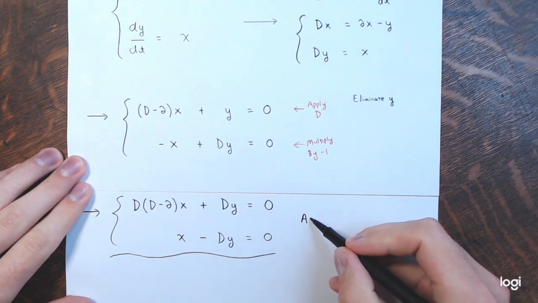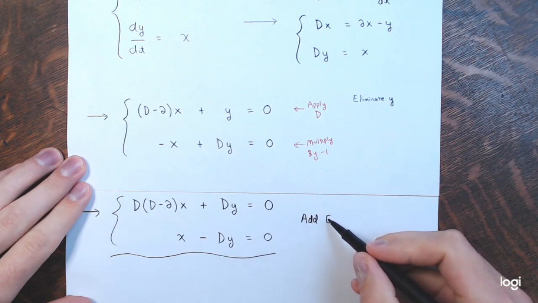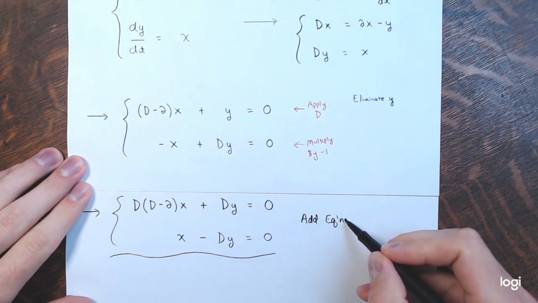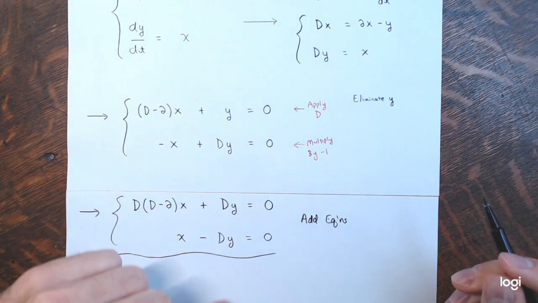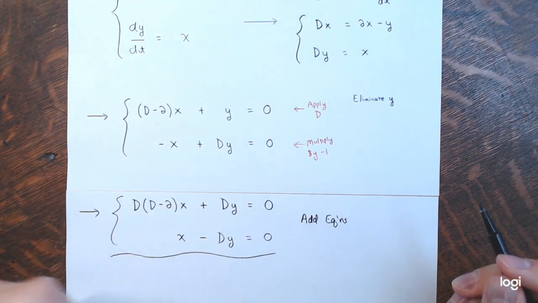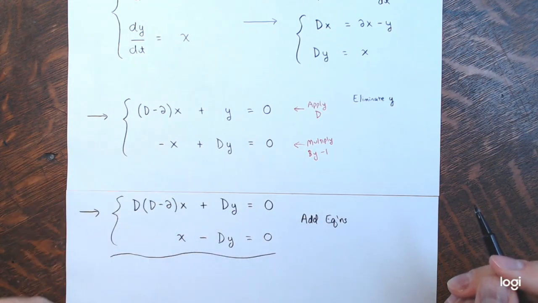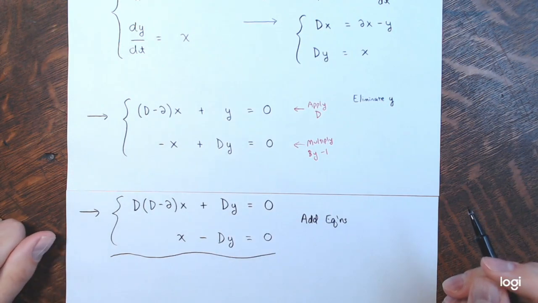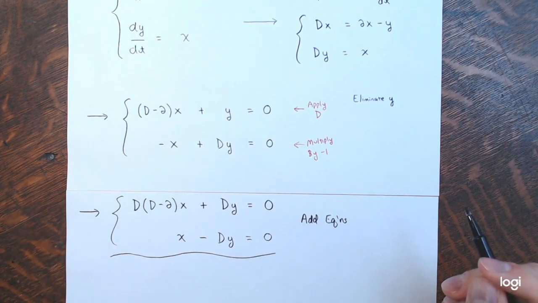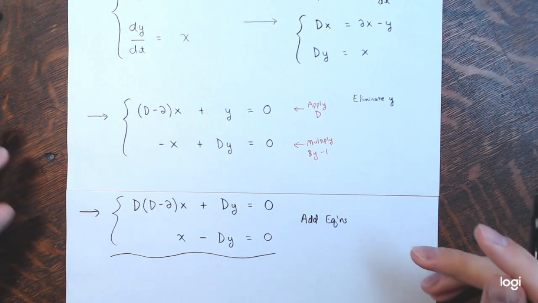So then we add the equations together, adding both sides, just like in elimination and in regular algebra. The y terms will go away, and I'll be left with a differential equation where the only unknown dependent variable is x, and x depends on t.